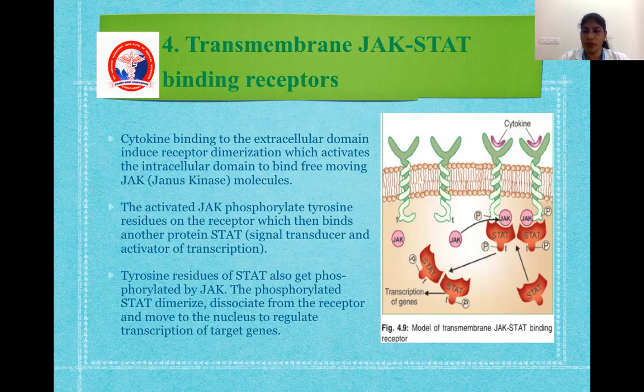The tyrosine residue of the STAT also gets phosphorylated by JAK, and the phosphorylated STAT gets dimerized and dissociates from the receptor and goes to the nucleus to regulate transcription. It targets it. This is how the transmembrane JAK-STAT binding receptor works. So you have to know about this kind of factors.